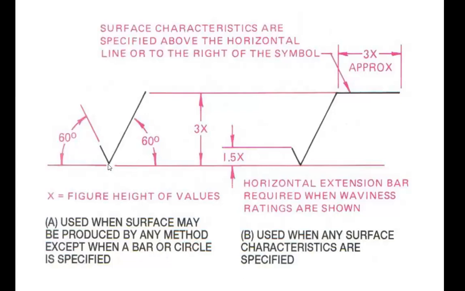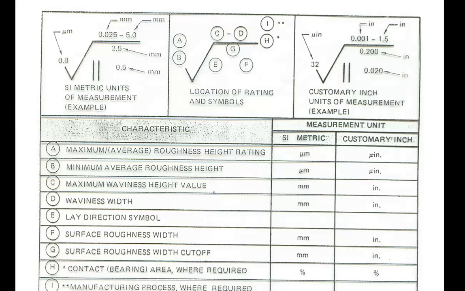From the tip of the surface finishing symbol to the shoulder, the distance is 3 times x, where x is the font height. And in this table, you can see in the vicinity of the surface finishing symbol which places are used for providing which values.